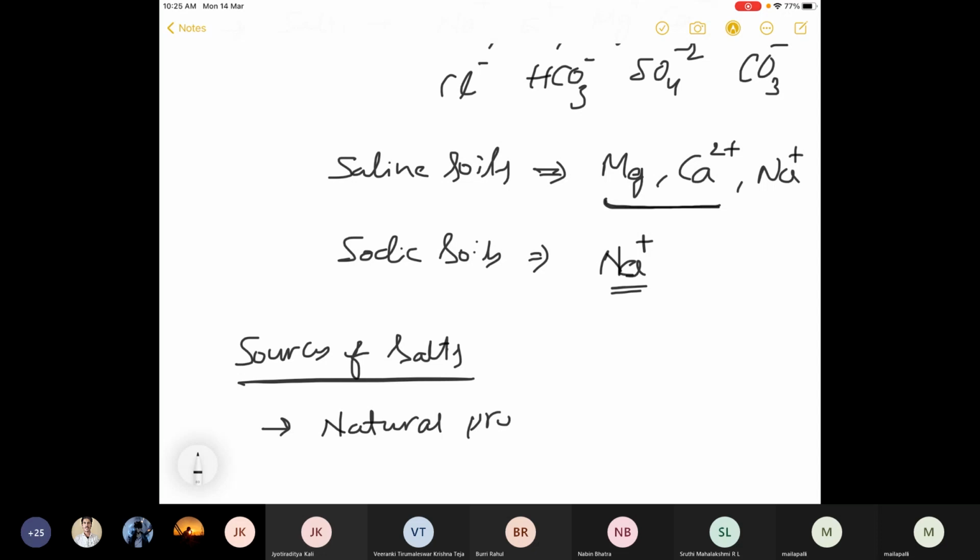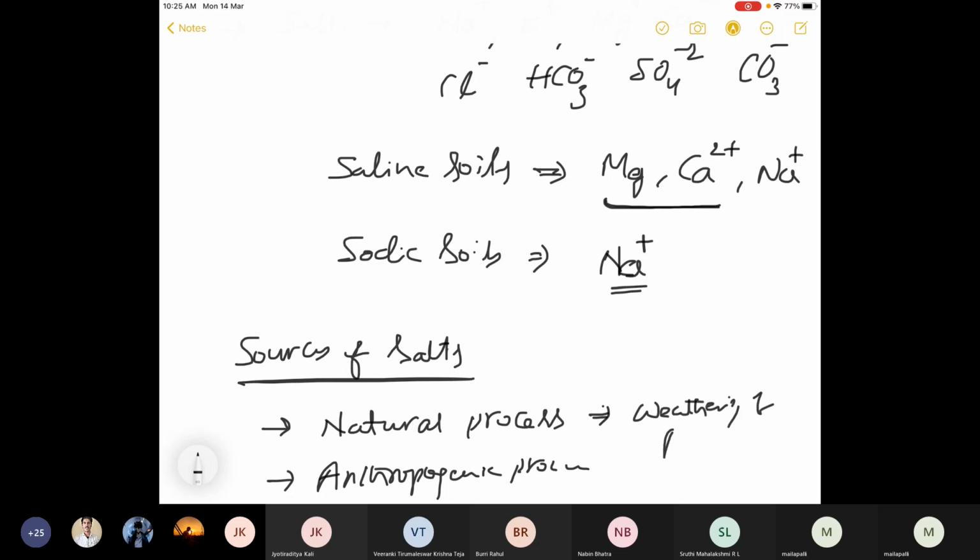So one is the natural process, and the other one is the anthropogenic process. Okay, so the natural process, you might have studied this, weathering, right? The weathering of parent materials. If you see, some rocks contain these salts, right?